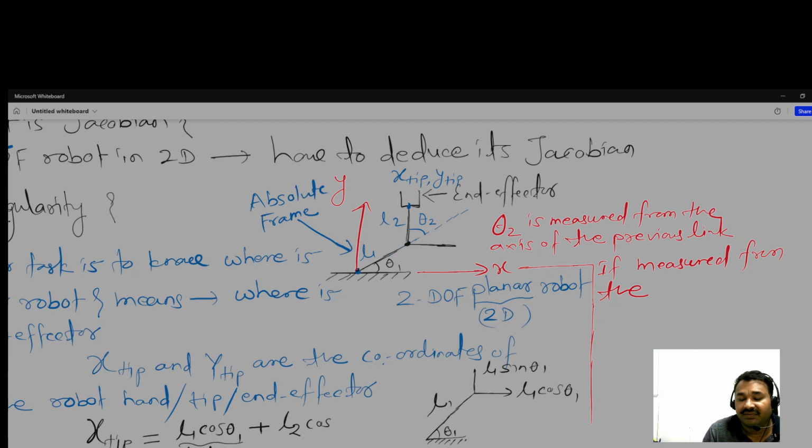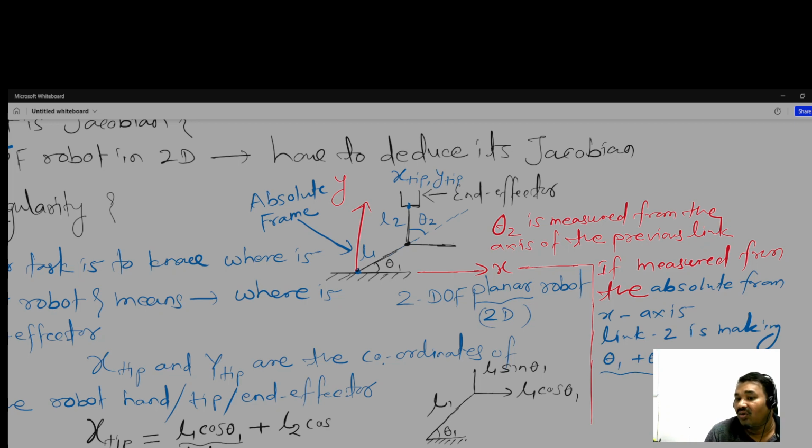So if measured from the absolute frame x-axis, link 2 is making an angle of theta 1 plus theta 2 from the horizontal axis. So that's why cos of theta 1 plus theta 2.